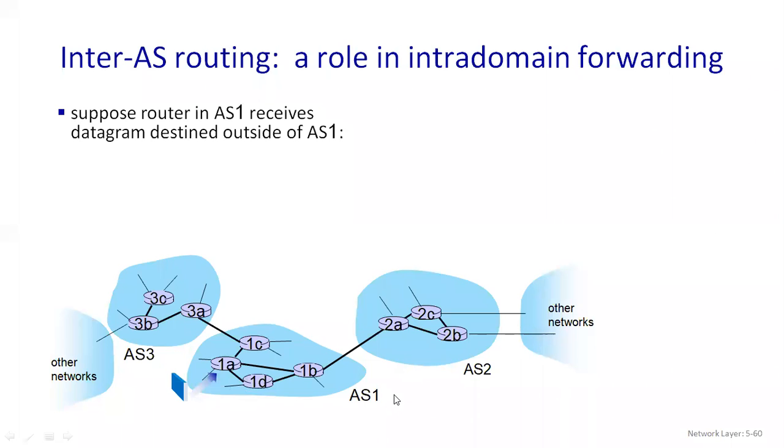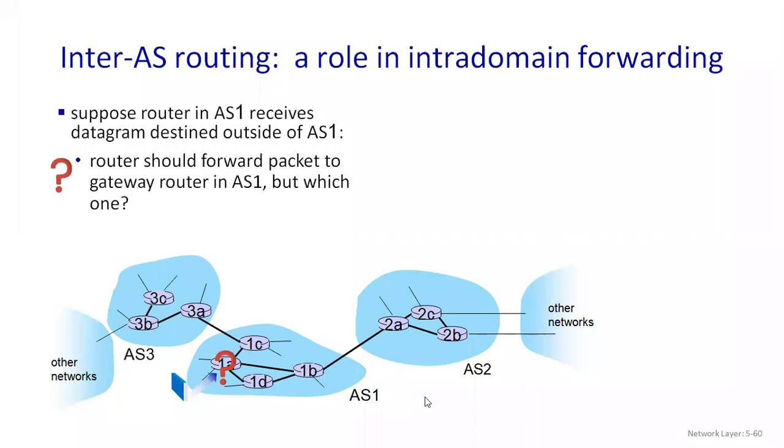So if I want to send, then definitely it will be in the concept of your inter-domain, right? So at that time, the datagram has to be sent, right? Here you can see the point: the router should forward the packet to the gateway router in AS1. But where is it going to forward?